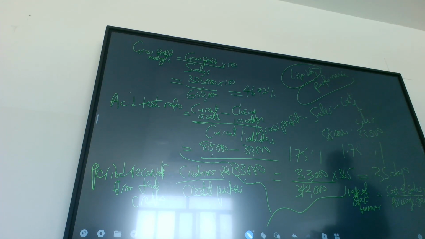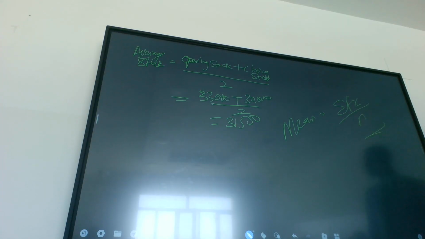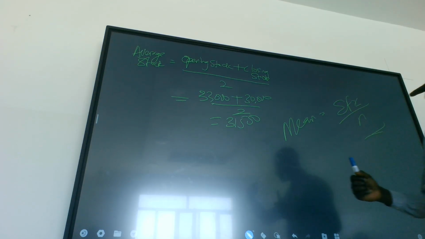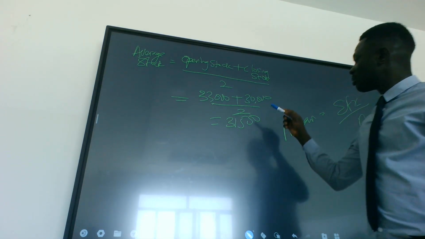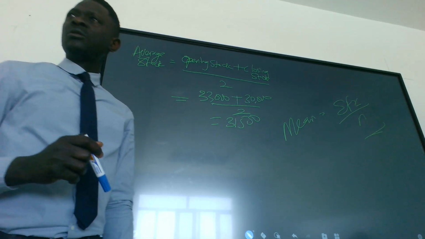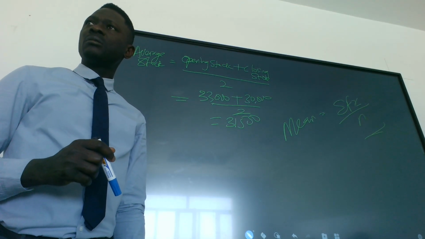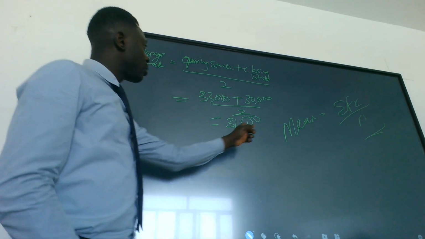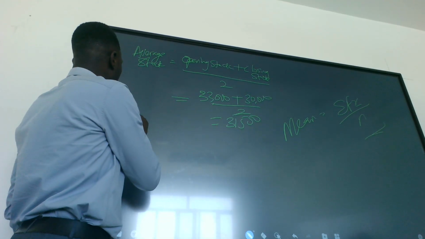Can you go to the last one? Shall we move on now, please? Do you know why it is average now, right? So this is your 350. Then we have our rate of stock turnover.